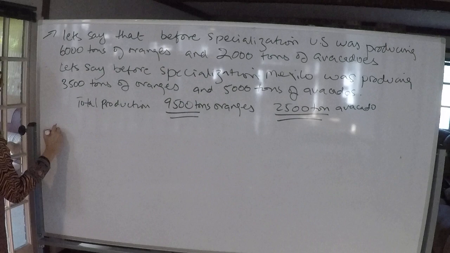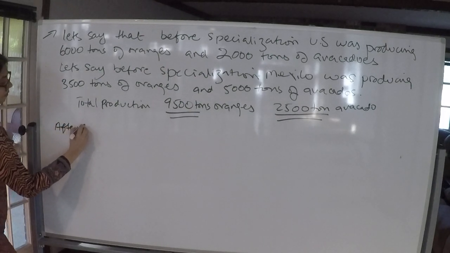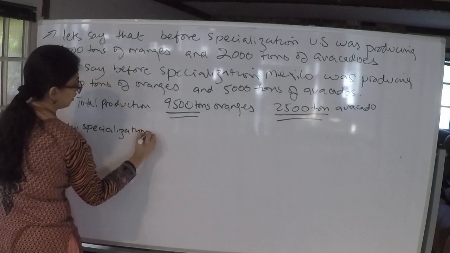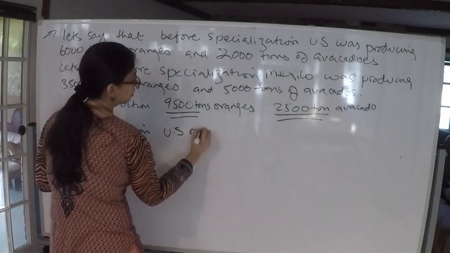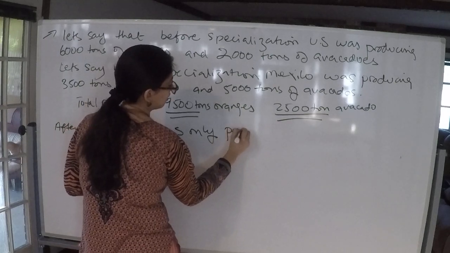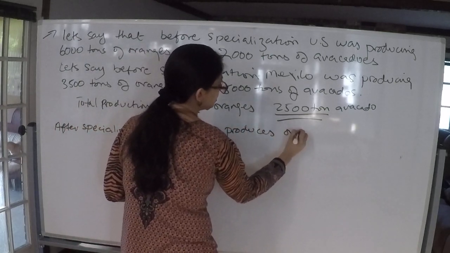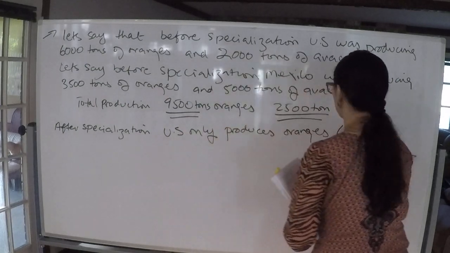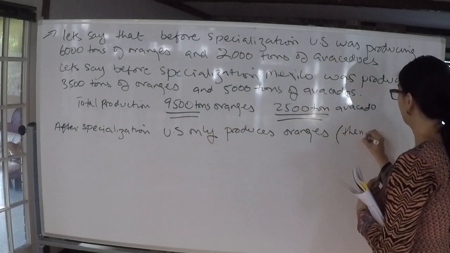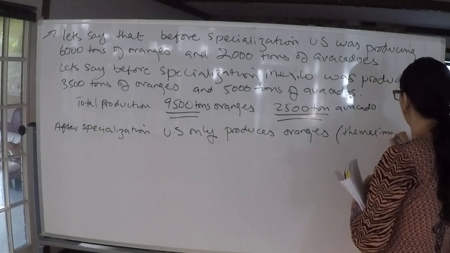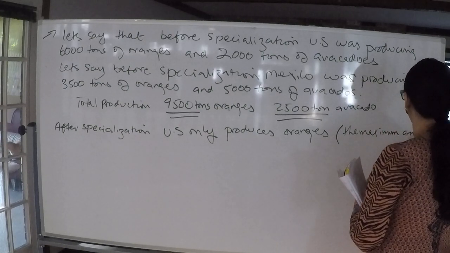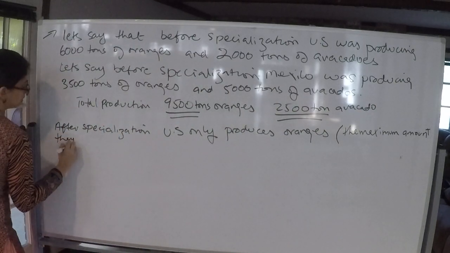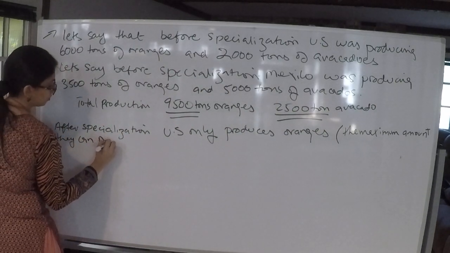After specialization, US only produces oranges, the maximum amount they can produce.